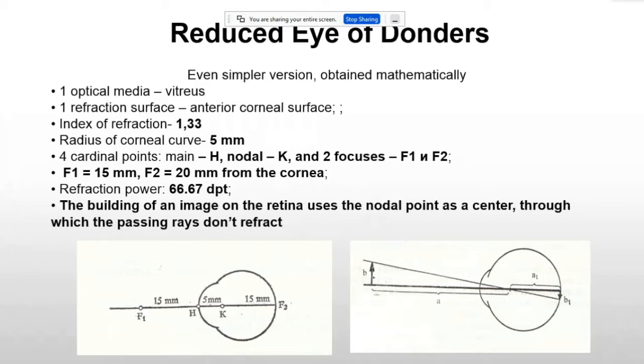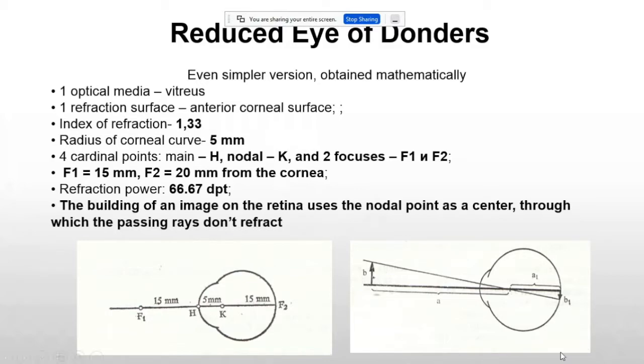For the purpose of creating images on the retina, even more simplified models have been created, like Donders' eye, with only one optical media, one refraction surface, only two cardinal points, one main, one nodal, two focuses, and the refraction power of Donders' eye calculated 66.67 diopters.